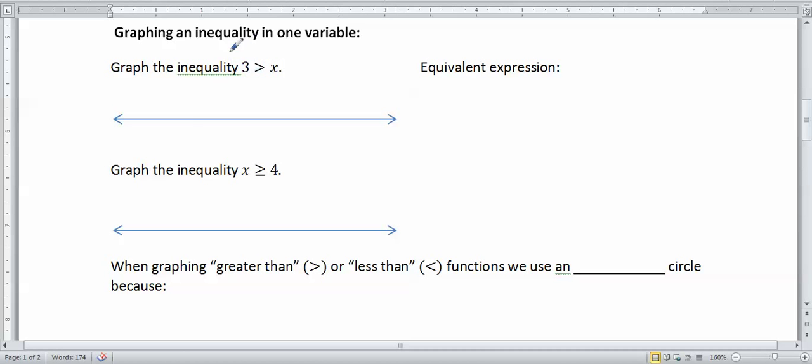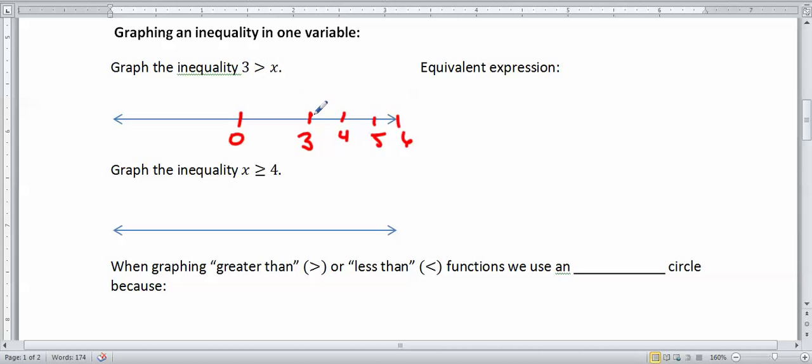Okay, so for the first inequality I have x is greater than 3. I always include on my graph at least the 0 spot so that I know where the middle of my number line is. And then I include any numbers in my inequality. So 3 is greater than 0, so I'm going to put that somewhere over here. I want to graph all of the possible solutions, x is greater than 3. So anything greater than 3 is, for instance, 4, 5, 6, etc. So I'm going to mark that 3.